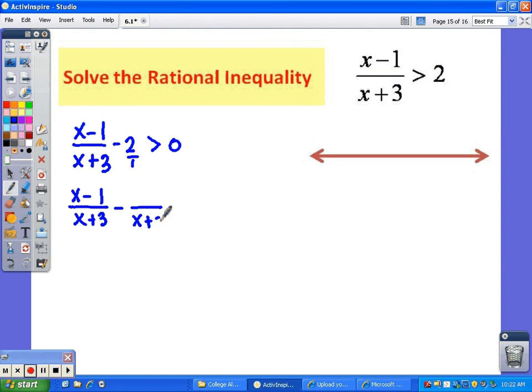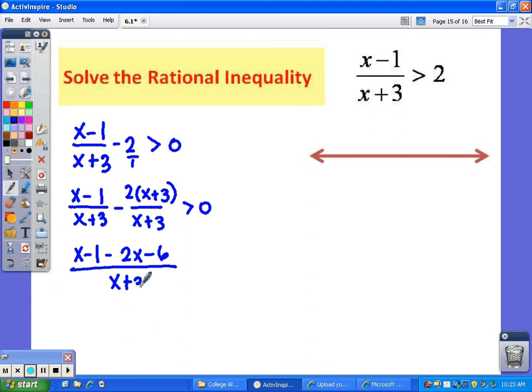We want it to be x plus 3, so however we change the denominator, we got to change the numerator the exact same way. So multiplying, we would have x minus 1 minus 2x minus 6 over that common denominator. And when you combine like terms, we would get negative x minus 7 over x plus 3.